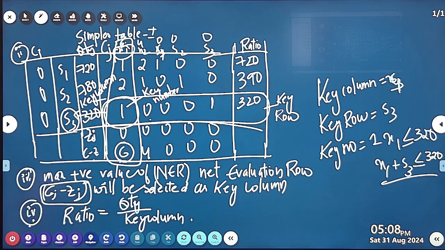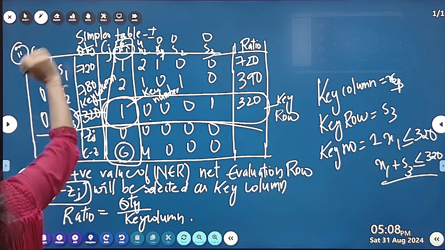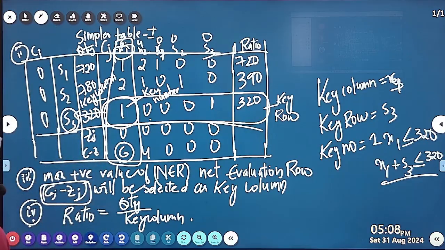So next, write the 6th point: key column variable will replace key row variable.